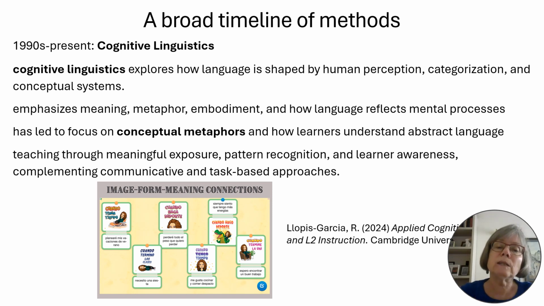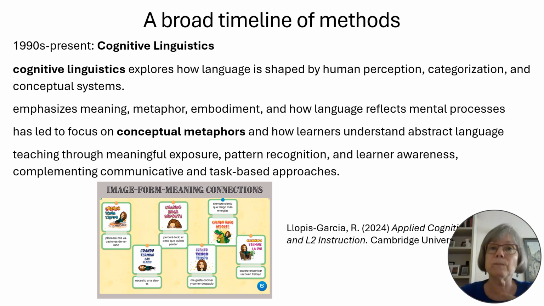And now, from the 1990s to the present, cognitive linguistics came to the fore and contributed to thinking about how we teach and learn languages by staying outside there in the functional world, what we actually do with language, but not leaving aside the fact that it's shaped by our brains, our bodies, by how we perceive, how we categorize the world, by our conceptual systems.